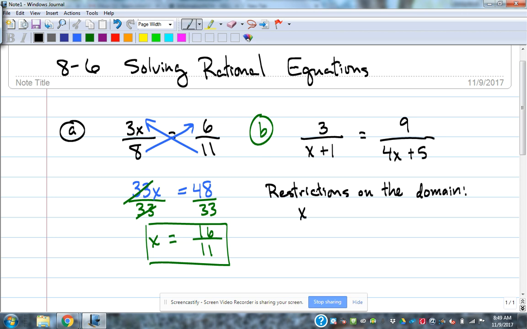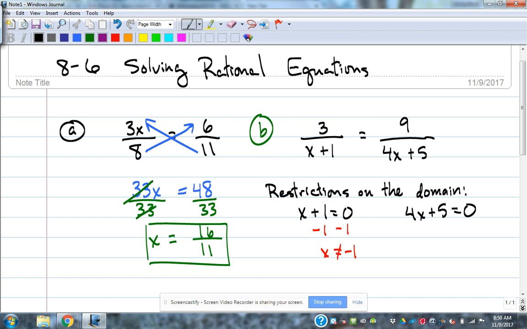So what to do to find those restrictions? You take the denominators that have x in them, only the denominators that have x, and set them equal to 0 to find out what would make that denominator 0. So x plus 1 equal to 0, subtract 1. We know x cannot be negative 1. Well, there's another denominator that has x in it. So 4x plus 5.